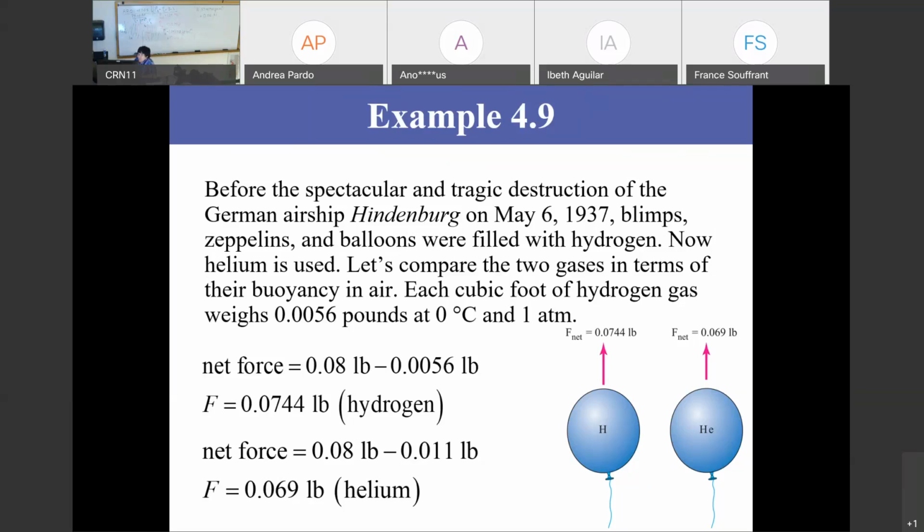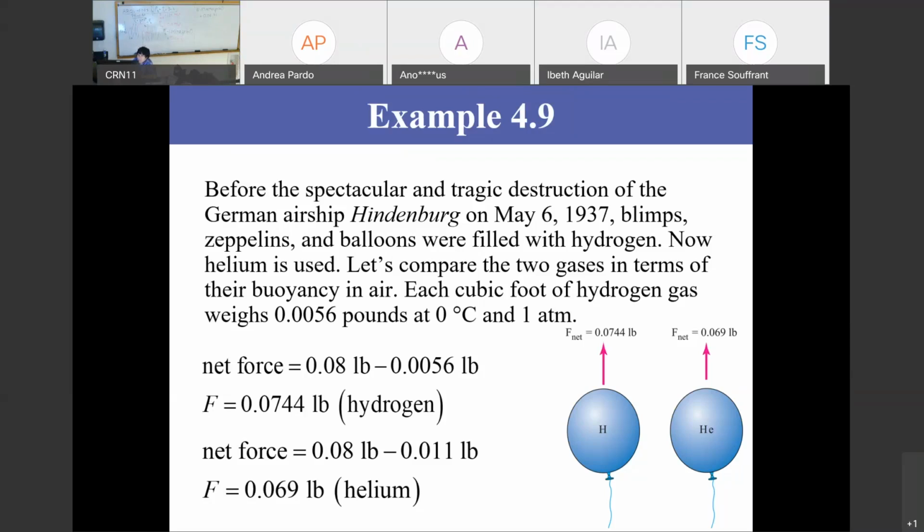So they are giving you the net force in both the balloon full of hydrogen and the balloon full of helium, right? So clearly, for the hydrogen balloon, there is more force going up. Okay, that's because of the density. All right, the density of the element, in this case hydrogen. So we can repeat the same calculations.